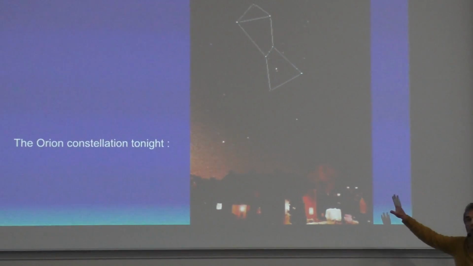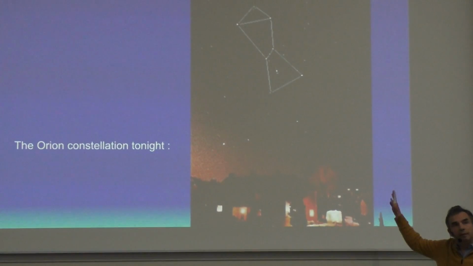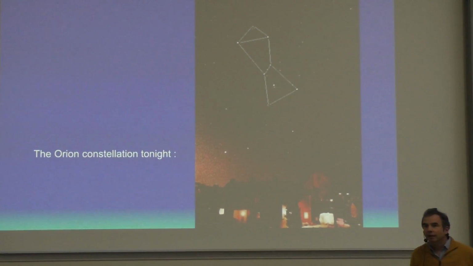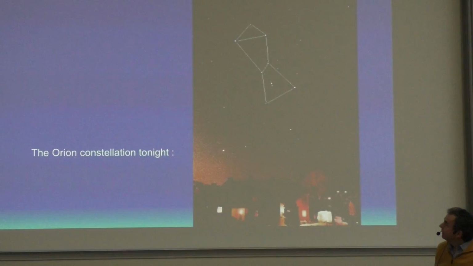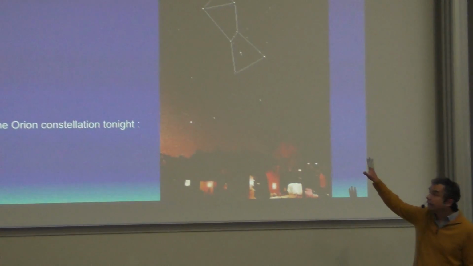if tonight the night is clear, maybe not tonight, but this week, if you happen to have a clear sky above your head, you will be able to see the Orion constellation that you recognize here.